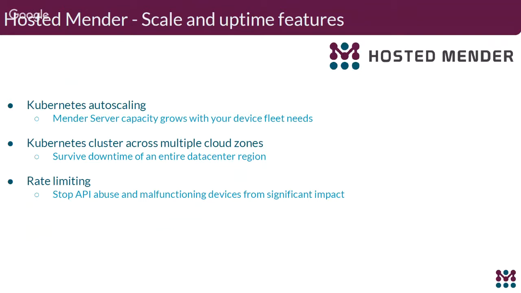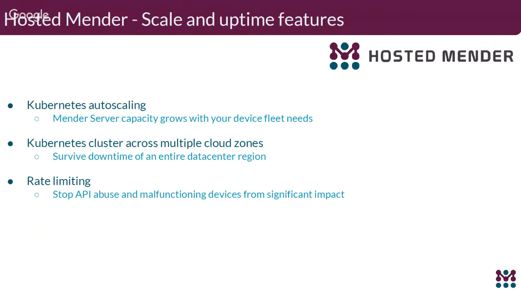Additionally, we handle auto-scaling automatically. We use Kubernetes inside the Hosted Mender setup to make sure that the server capacity can grow as the device fleet grows. We handle auto-scaling horizontally across all our microservices so that those are automatically scaled as needed.